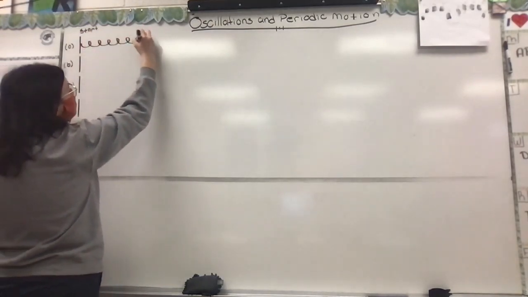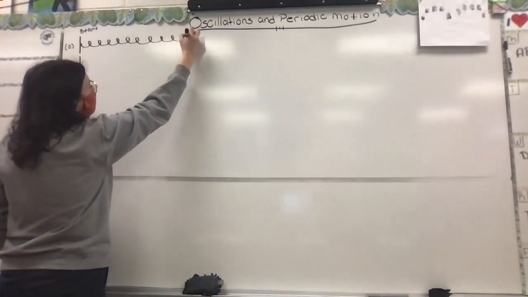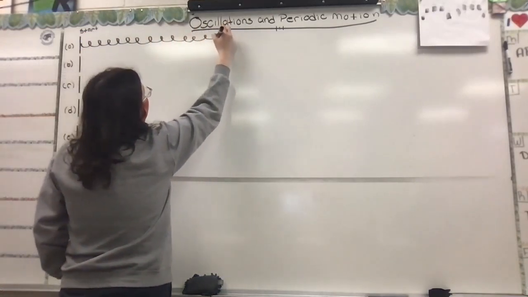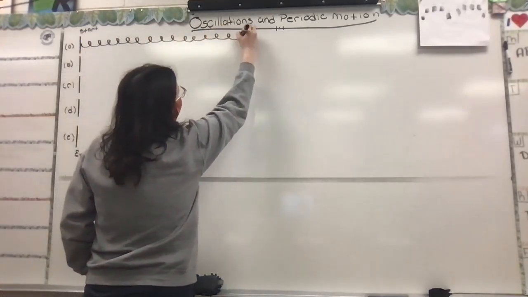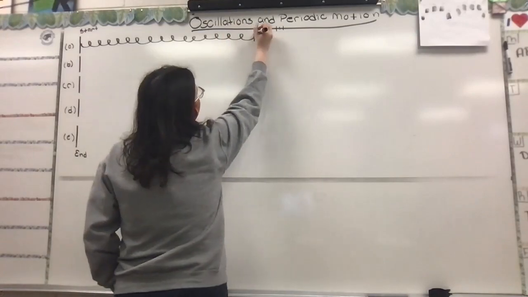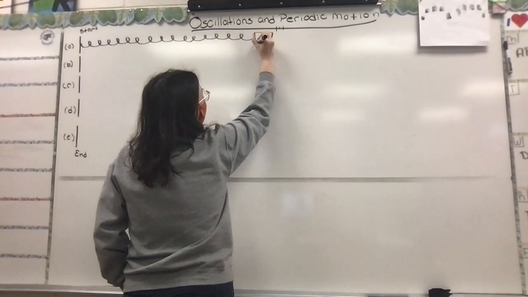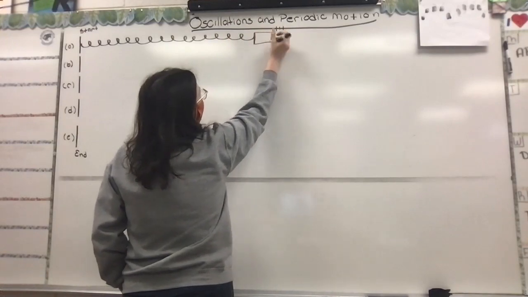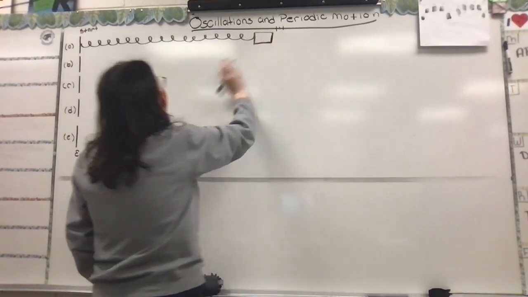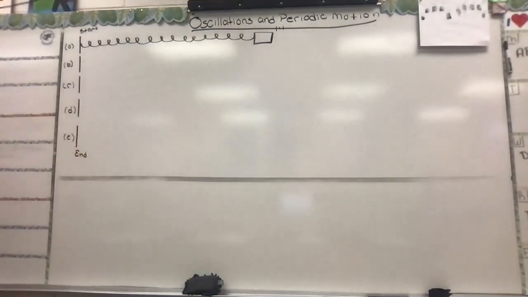Okay, so at the beginning, we are going to have our spring pulled past equilibrium. We have it pulled as far as we can pull it. We've got this object attached at the end, and we have it pulled out to the maximum distance we can stretch this to.